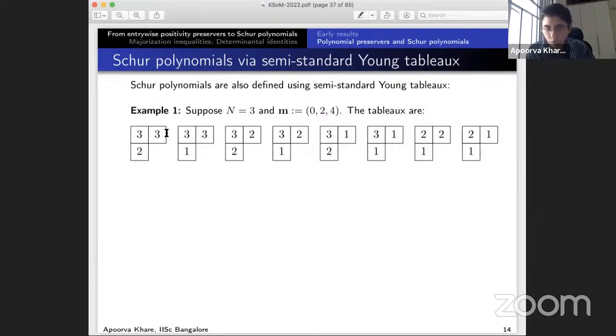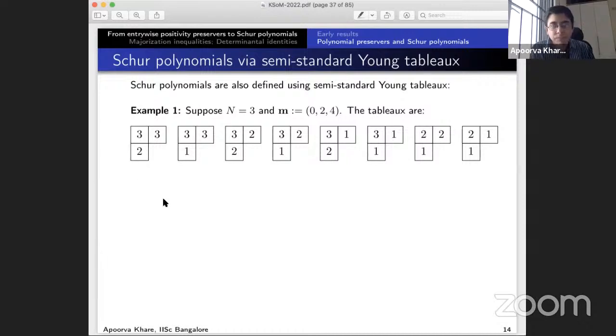Entries along a given row must be weakly decreasing from left to right, so they are 3 and 3, or 3 and 2, or 3 and 1. Entries along a given column must strictly decrease. These are called semi-standard Young tableaux with this alphabet 1, 2, 3, and this shape 0, 2, 4 minus 0, 1, 2.